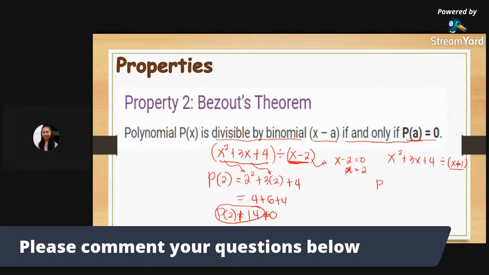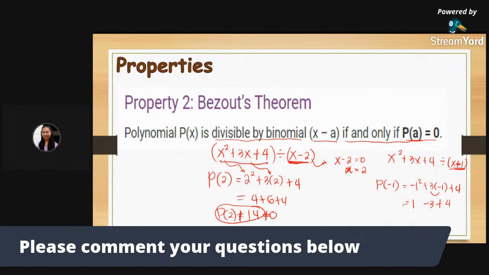Since we have x plus 1 here, our a is equal to negative 1. So negative 1 squared plus 3 times negative 1 plus 4. Negative 1 squared is positive 1. 3 times negative 1 is negative 3. And plus 4. So what do we have here?